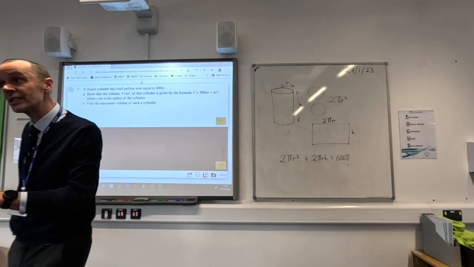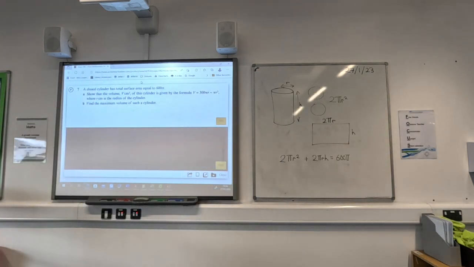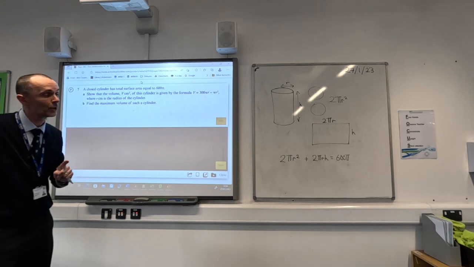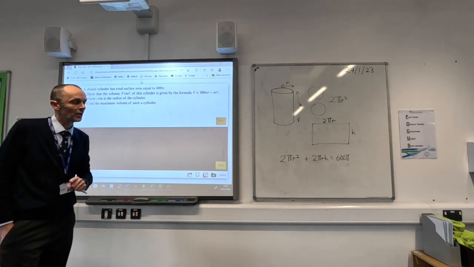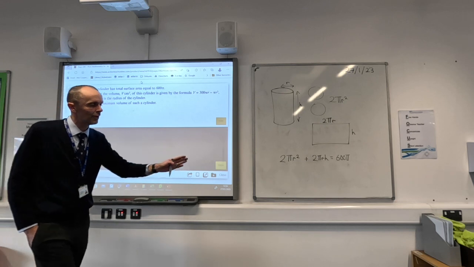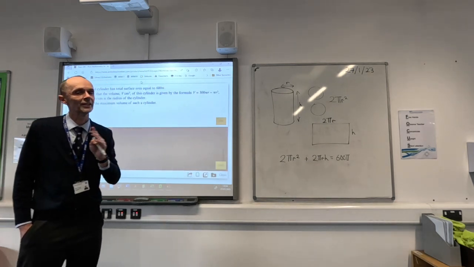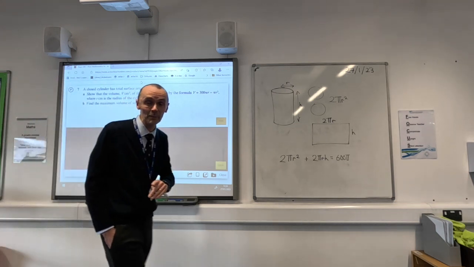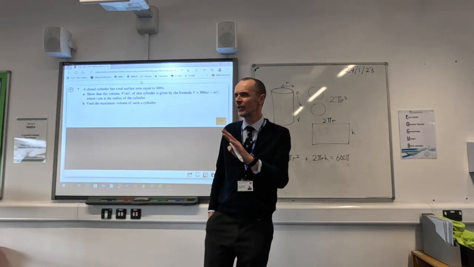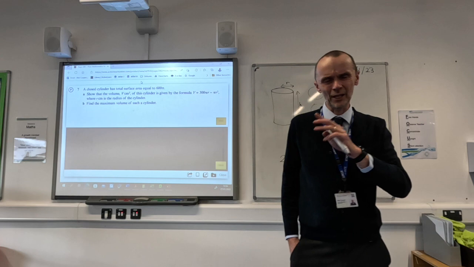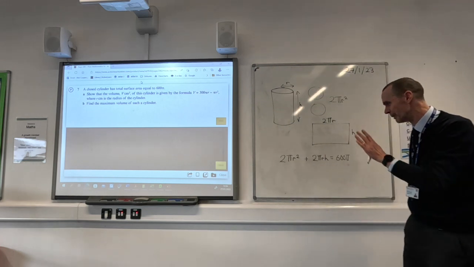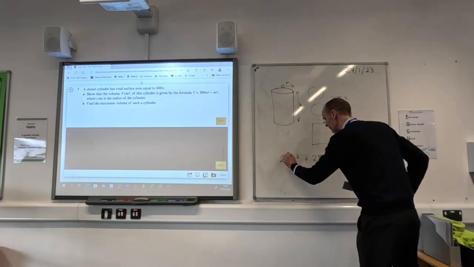Not a particularly nice sum, but there's plenty of simplification that we can do. So, for example, Lewis, what have all 3 of those terms got that we can dispense with by dividing by pi? We can divide everything by pi. I said, you know, can't divide by this, can't divide by that. We can't divide by things that can be 0, but pi is pi.